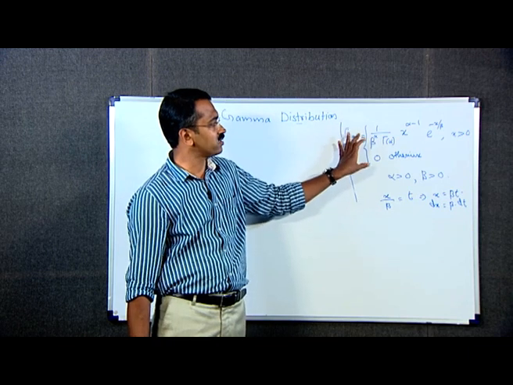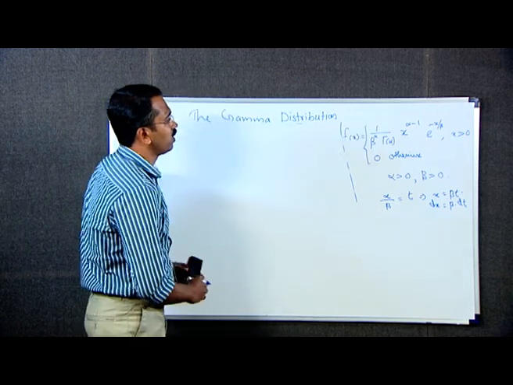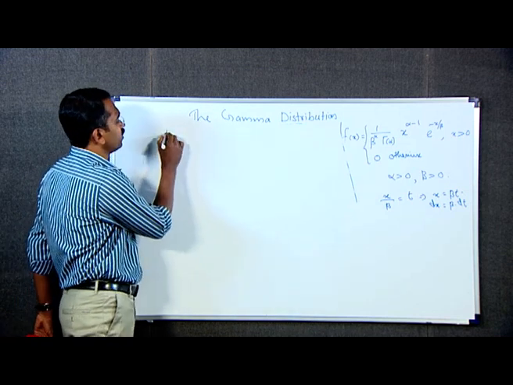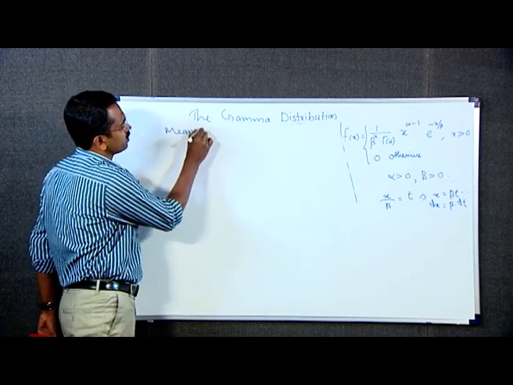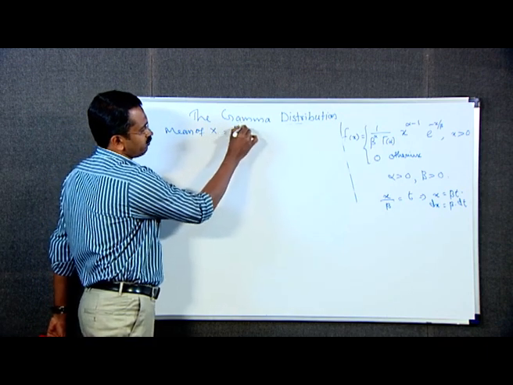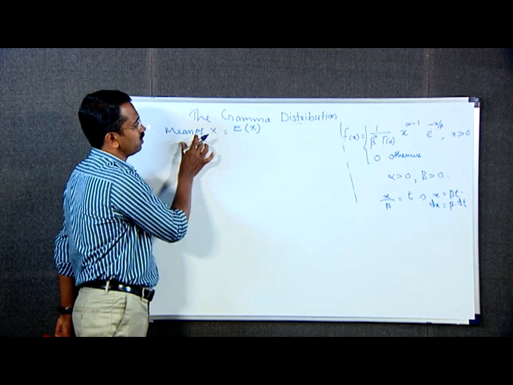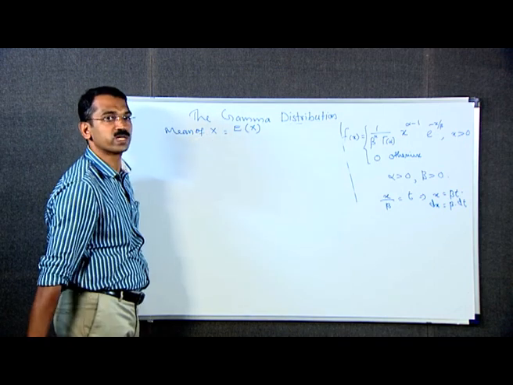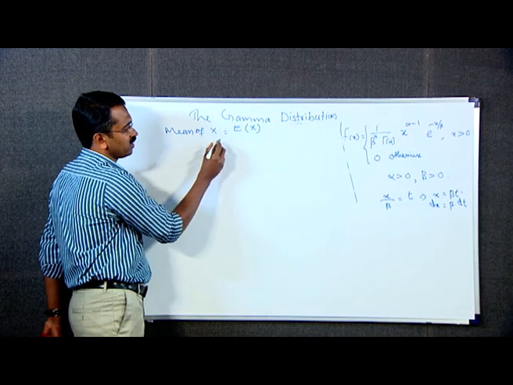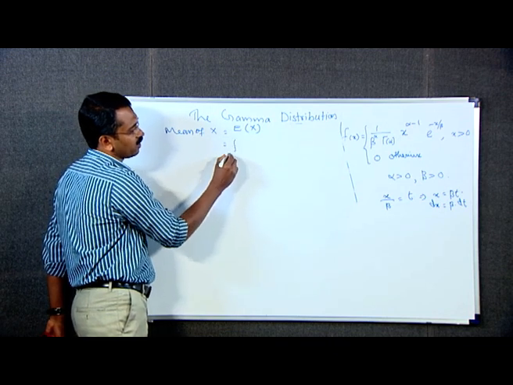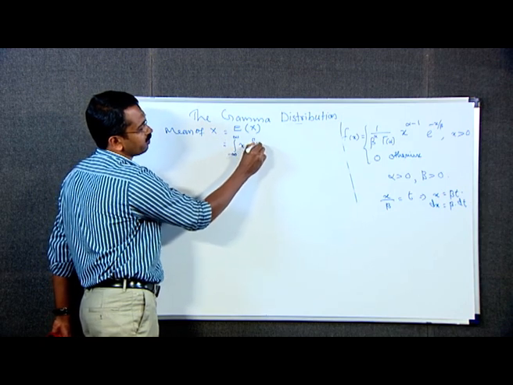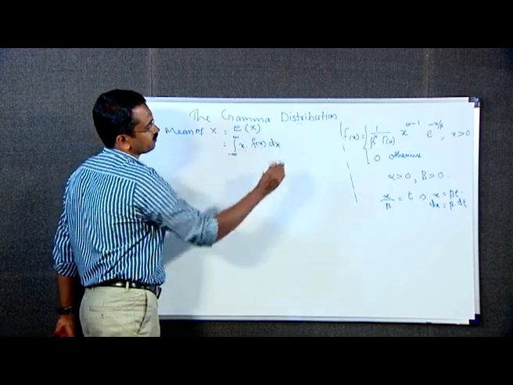Then f(x) is this function, and by definition the arithmetic mean, simply the mean of X, is equal to the expectation of X. By the definition of expectation, it is the integral from minus infinity to infinity of x f(x) dx.